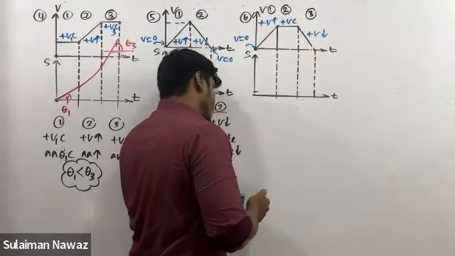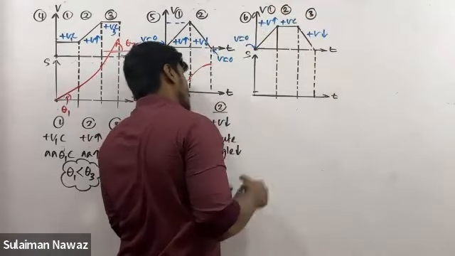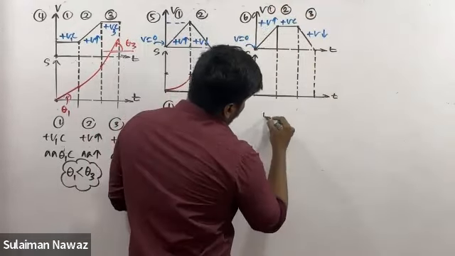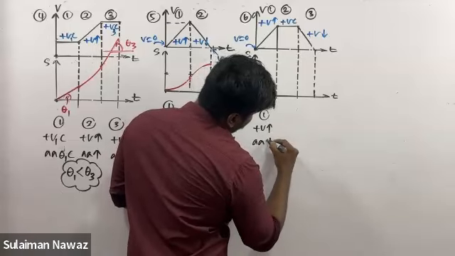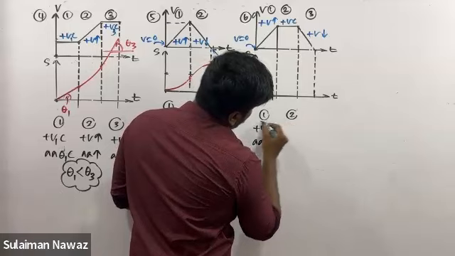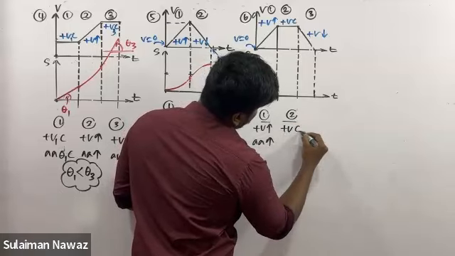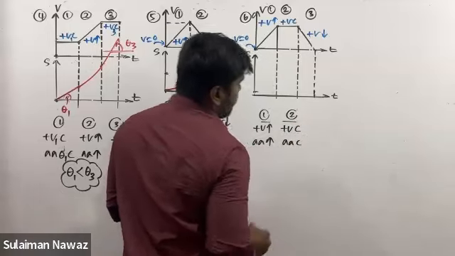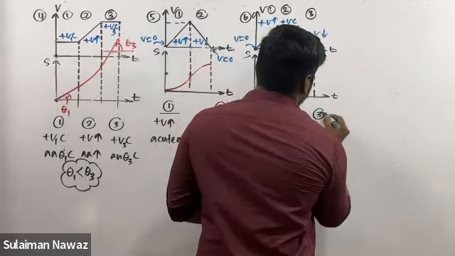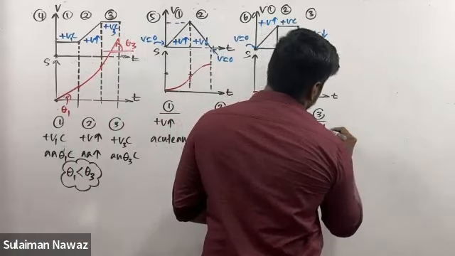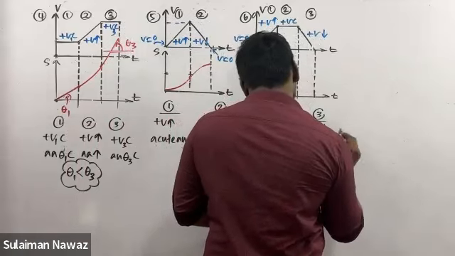Positive velocity increasing means acute angle increasing. Positive velocity constant means acute angle constant. Positive velocity decreasing means acute angle decreasing. That's the logic.